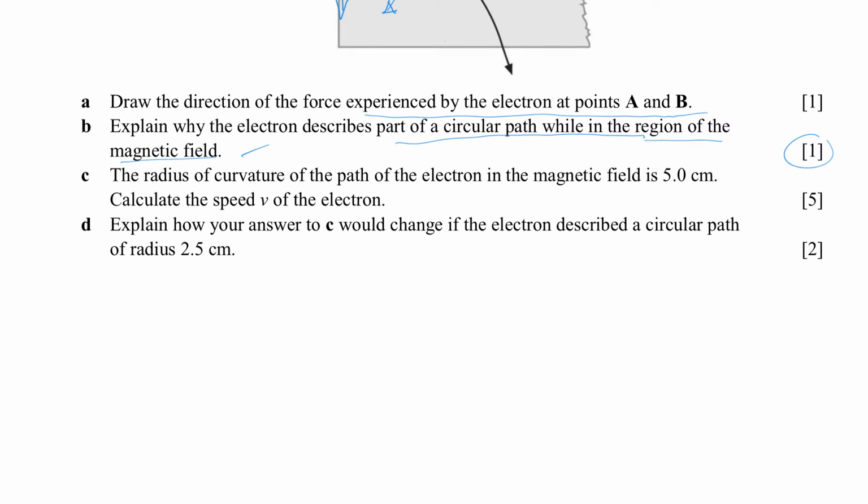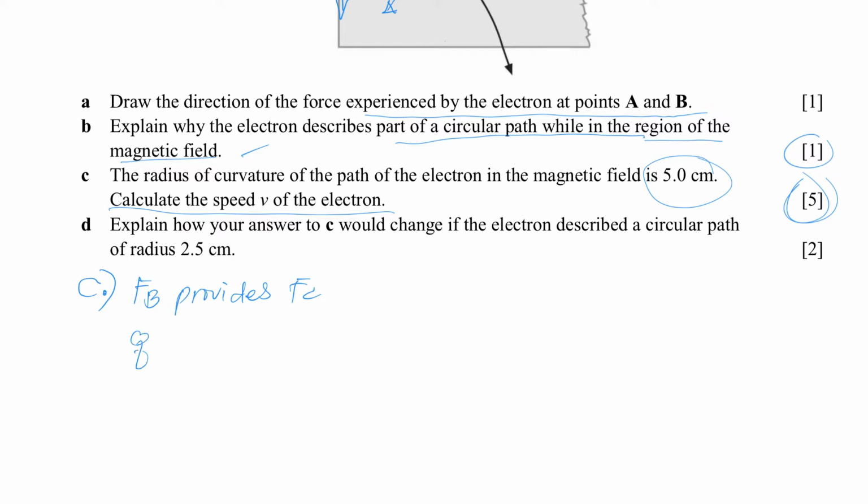The radius of curvature of the path of the electron in the magnetic field is 5 centimeter. Calculate the speed v of the electron. So first, we need to have certain arguments here. The first one is you're going to say that Fb, the magnetic force, provides Fc.